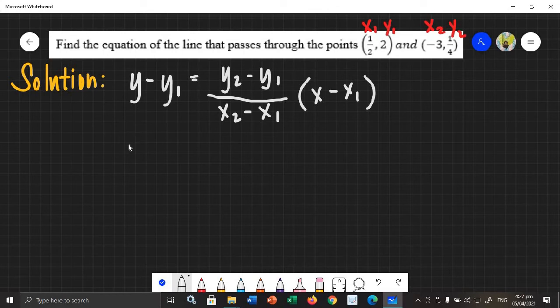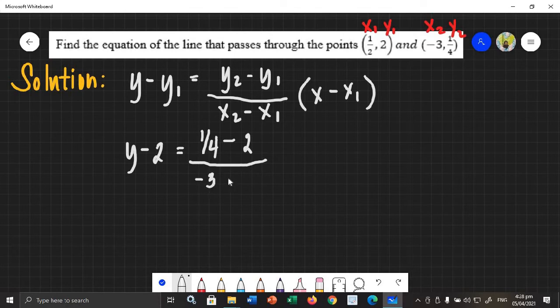So, rewrite natin si y kasi wala siyang value. So, y minus y sub 1. Yung y sub 1 mo is 2. So, just write y minus 2 equals, we now have y sub 2. So, y sub 2 mo is 1/4. So, pakilagay, 1/4 minus y sub 1 mo is 2. Okay? All over, x sub 2 mo is -3.